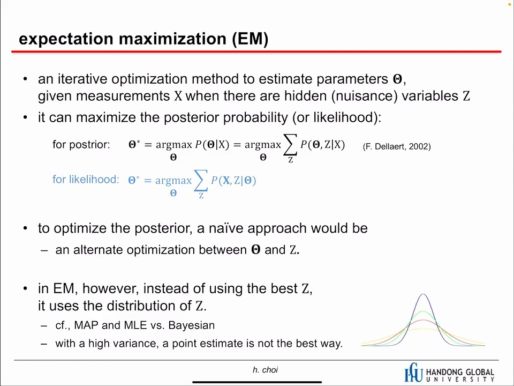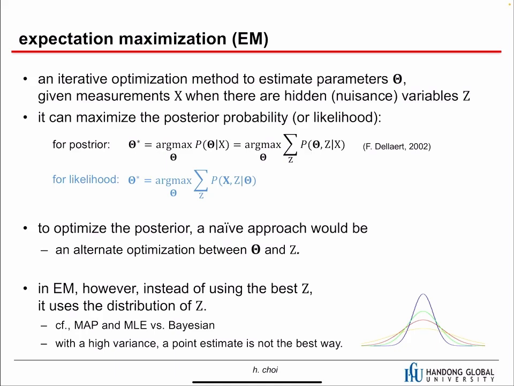Now let's talk about expectation maximization, or the EM algorithm. Again, let's compare two different cases. The first case has just one Gaussian, so we have a simple distribution. Given data samples, we assume that these samples are from one Gaussian distribution.